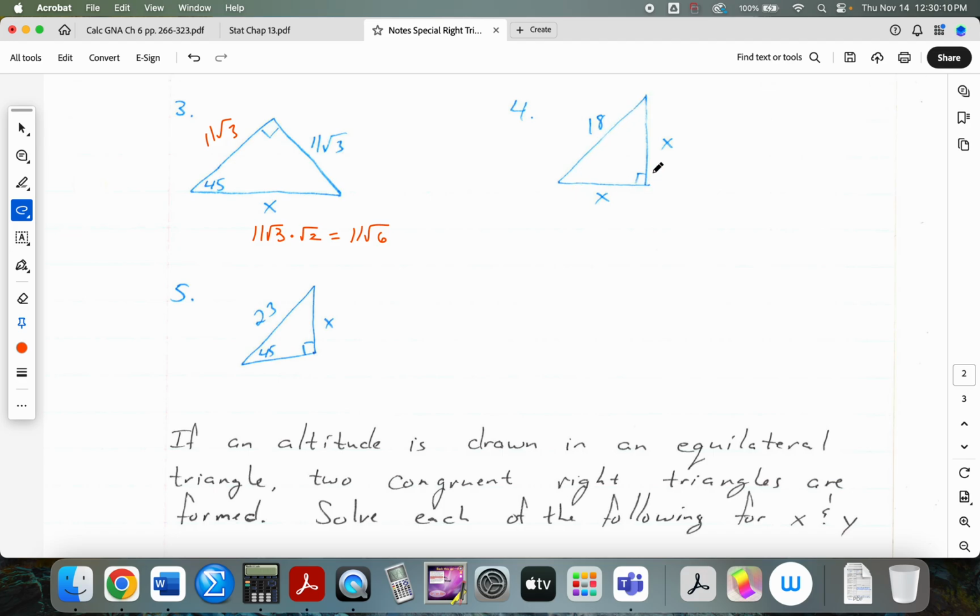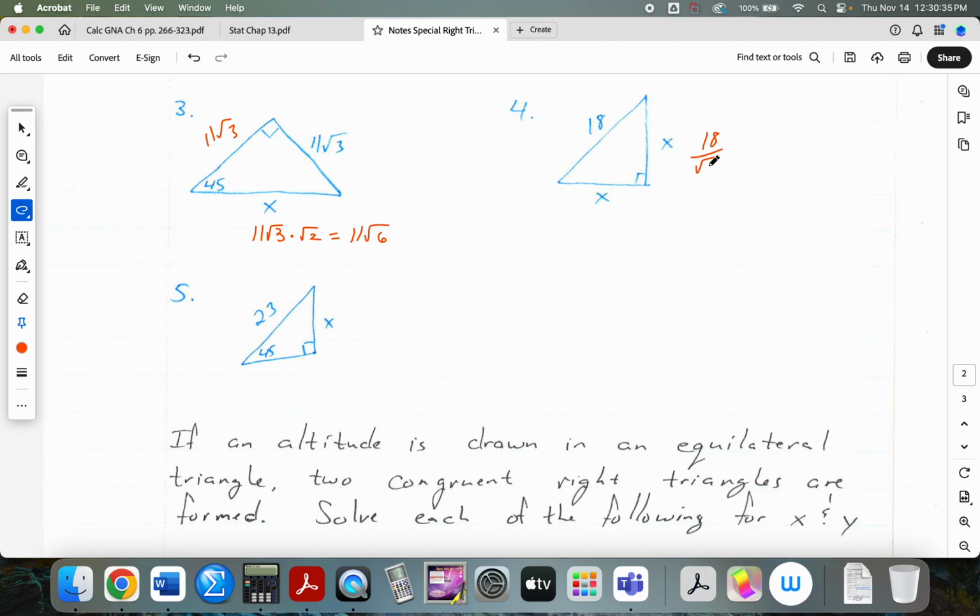On this problem, we're given the hypotenuse, and notice it didn't tell you that it's 45, 45, 90, but they tell you both of these sides are x, so it's an isosceles right triangle, which is the same thing as a 45, 45, 90 triangle. So then how can we find the lengths of the legs from the hypotenuse? 18 divided by the square root of 2.